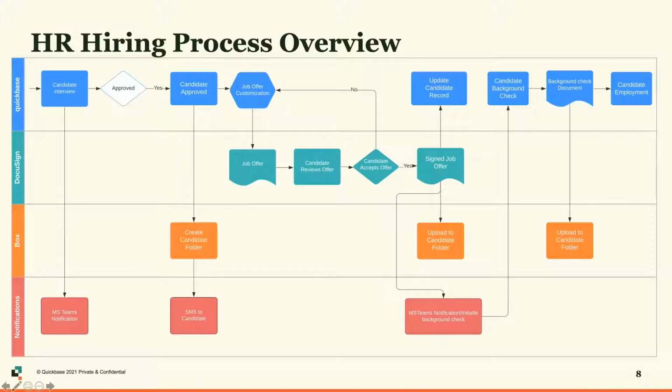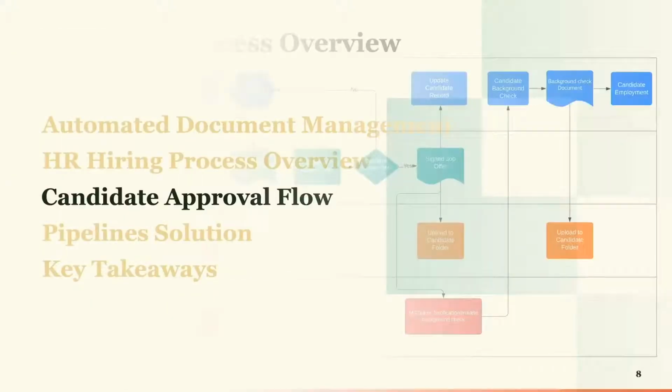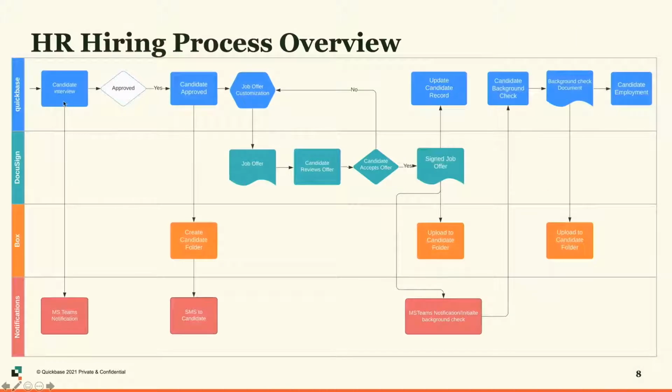We could just briefly talk about the process itself. We have candidates being interviewed, sending whatever kind of notifications we need to our HR team. Whenever a candidate is approved, we create a folder in Box for them to keep any related files in there, send an SMS to the candidate to inform them they're moving forward.